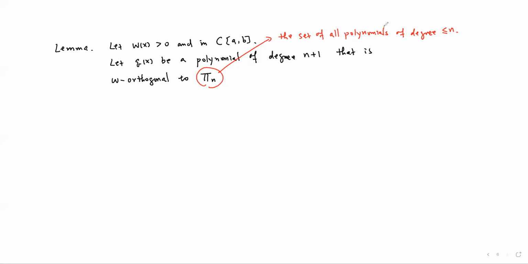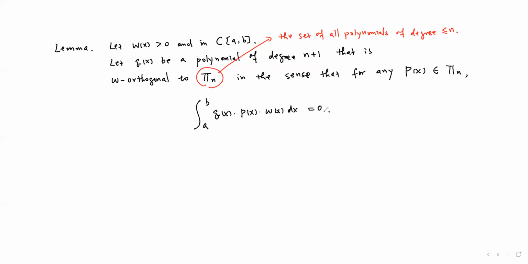Orthogonal, W orthogonal, what does it mean? The meaning is in the following sense: for any polynomial p from this set, we have the integral from a to b of Q times p times W equals 0.